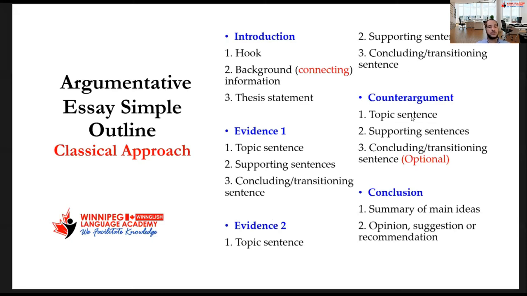So it's up to you. This style is okay, so you can exchange both of these. And in the conclusion, you mention the main points, and then you give your opinion or suggestion if you have a suggestion for future studies.